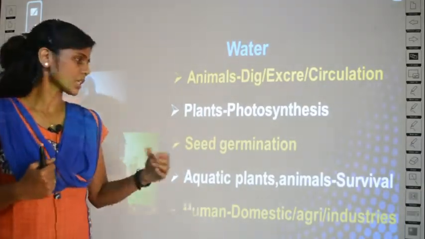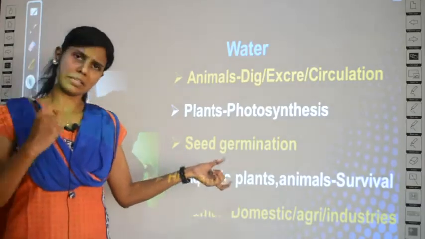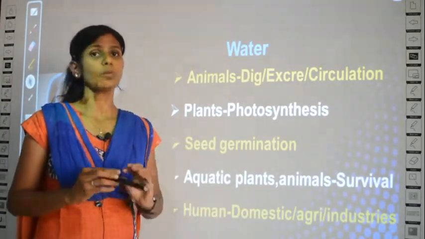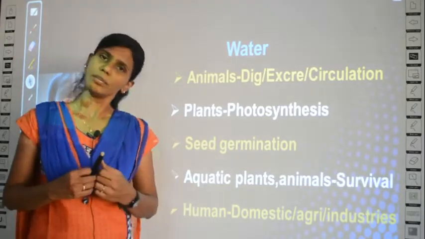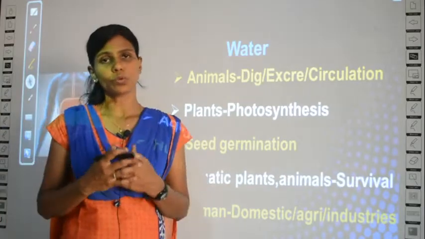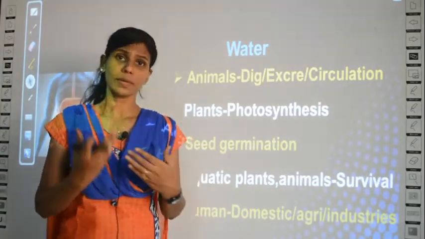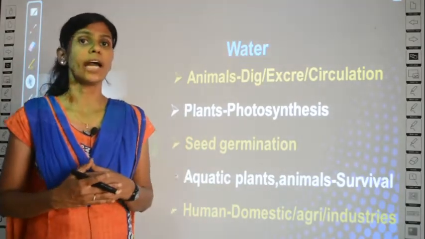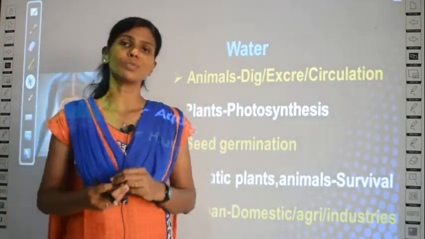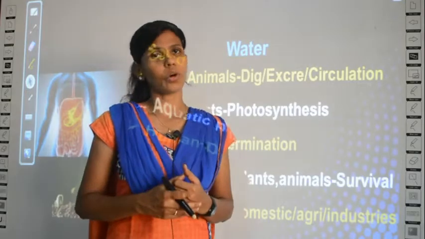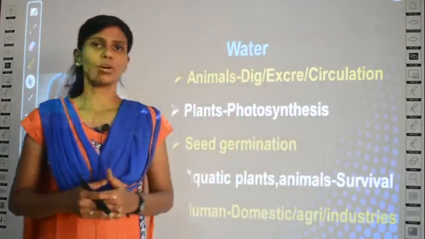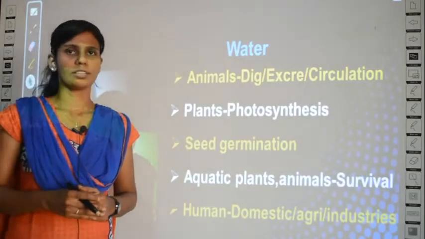Without water the seeds can't germinate, and aquatic plants and animals definitely need water for their survival, otherwise they will die. And finally, humans use water for domestic purposes in their day-to-day life, farmers use it for agriculture, and in industries for every process water is essential. So these are some of the uses of the abiotic factor called water.